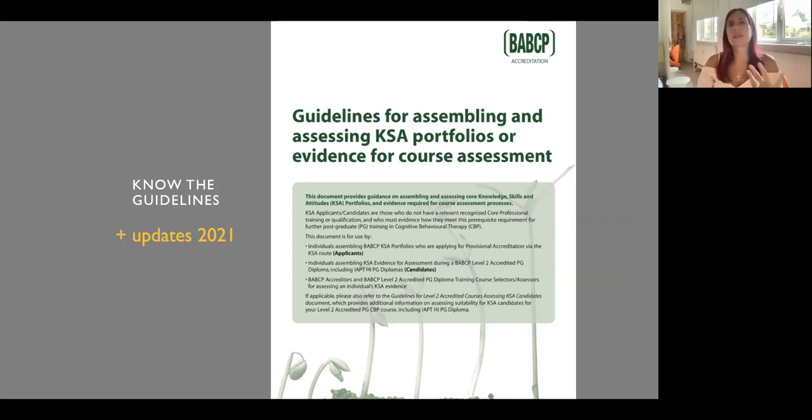So it negates the need to do every single criteria. Again, if you're unsure about that, then go on the BABCP website and have a look at that list, because there are quite a few different scenarios and what that looks like.